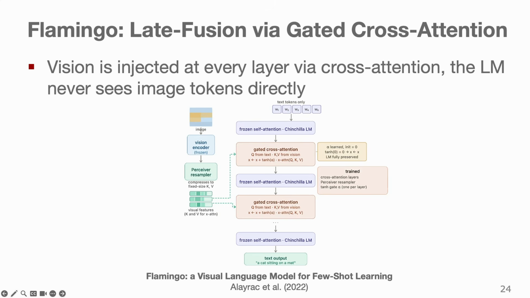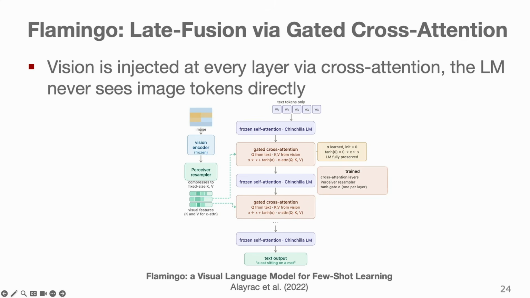In LLaVA, the image tokens are prepended to the text sequence, and then everything goes through the same self-attention. Flamingo says, what if, instead of keeping the LLM's self-attention operating purely on text, we inject visual information at every layer via gated cross-attention?